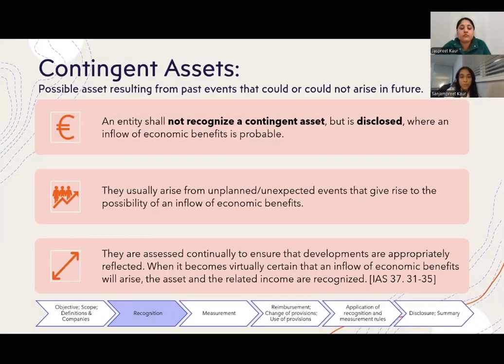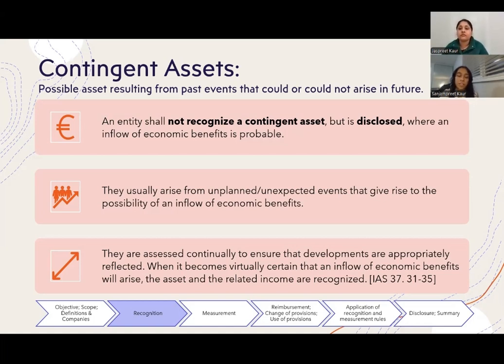Contingent assets. A contingent asset is not recognized in the financial statements, but it is disclosed where the inflow of economic resources is probable. So even if there's more than 50% chance of us getting some resource or economic inflow, we would not report it as a revenue or an asset on the statements unless it is virtually certain.